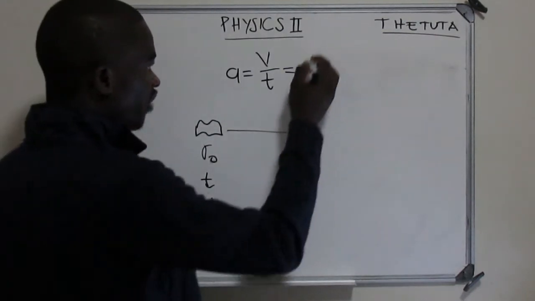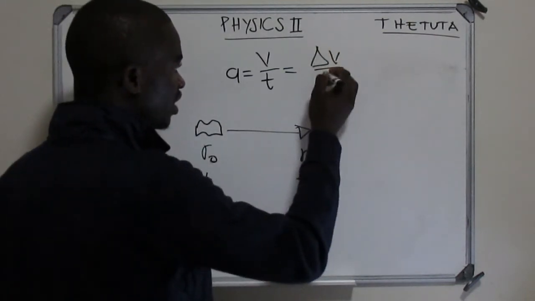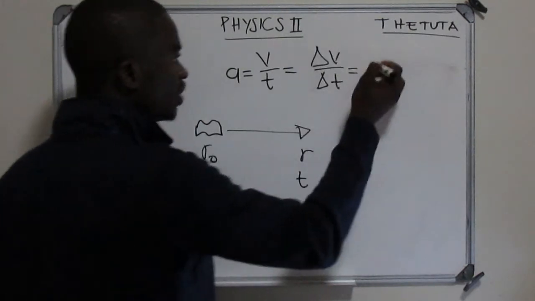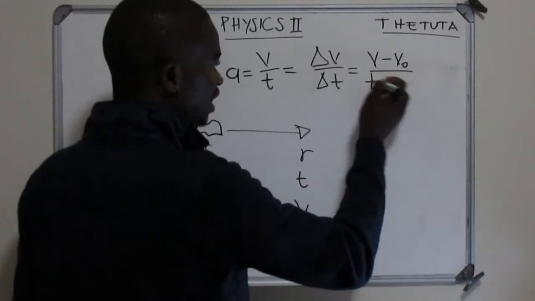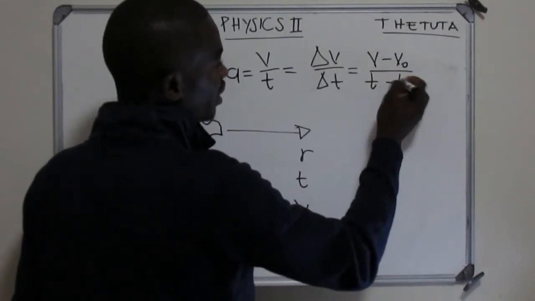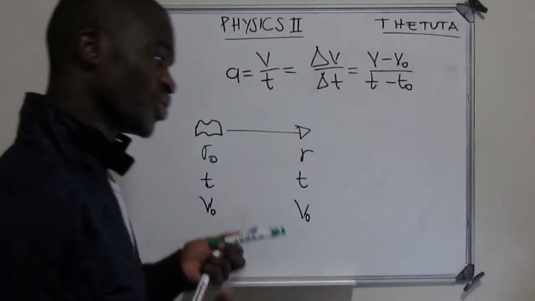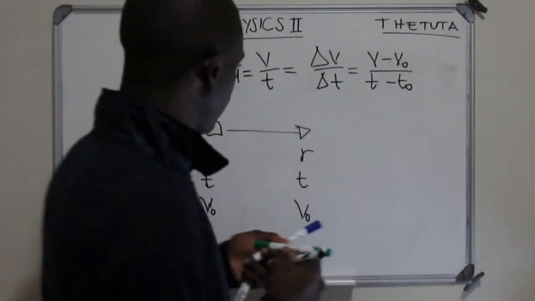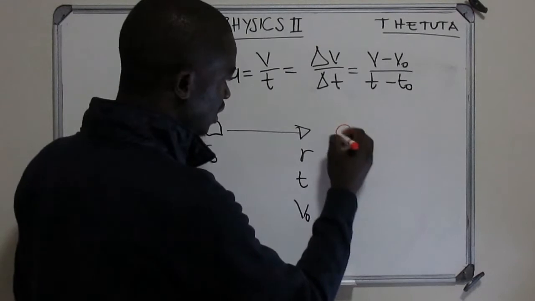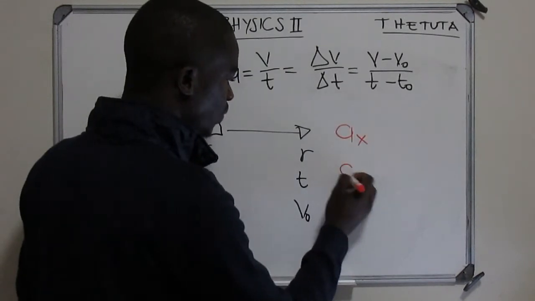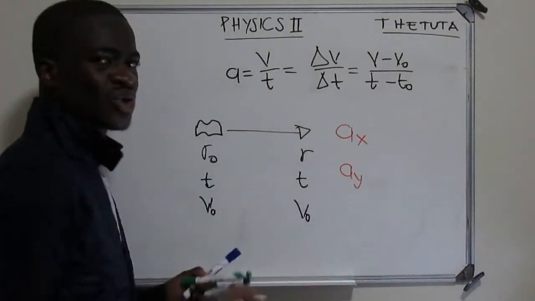Okay? Therefore, we're going to have change in velocity over the change in time, which is going to give us V final minus the initial speed over time final minus the initial time. So it's just a matter of mathematics, and therefore we're going to have as well acceleration in x and as well acceleration in y. So that's basically what we're going to be playing with.